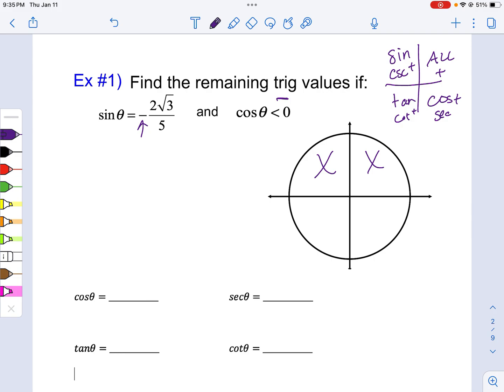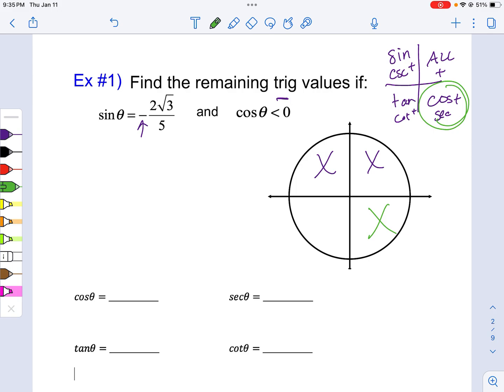So I know if sine has to be negative, it can't be in quadrant 1 or quadrant 2. All right, so then we go to the fact that we know cosine is also negative. Well, here it says cosine's positive in quadrant 4, so it can't be quadrant 4. So I know my angle or my value for theta has to fall in quadrant 3.